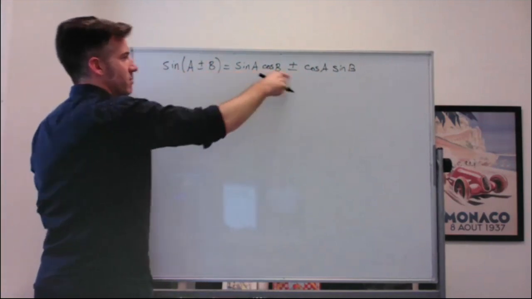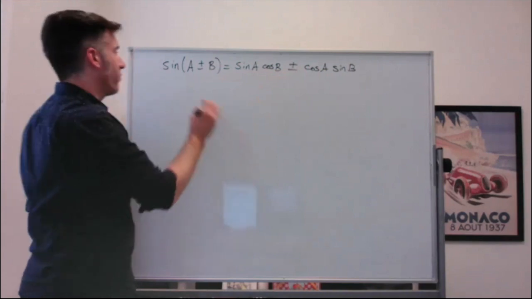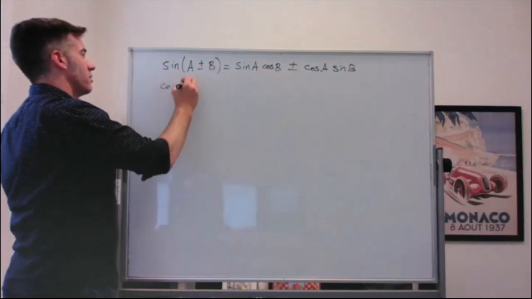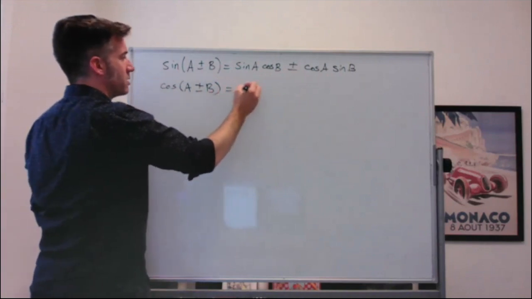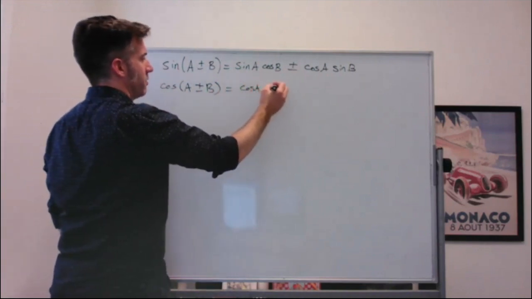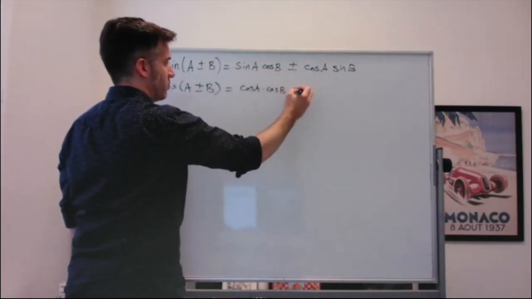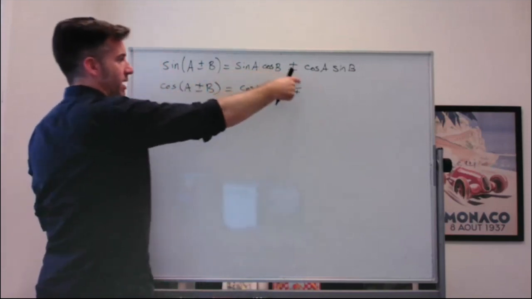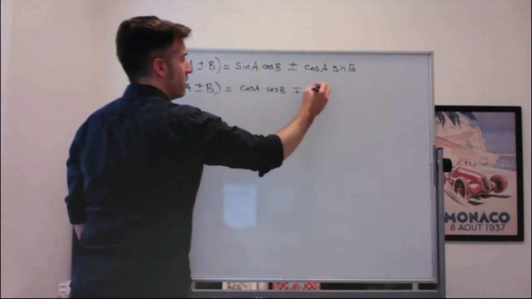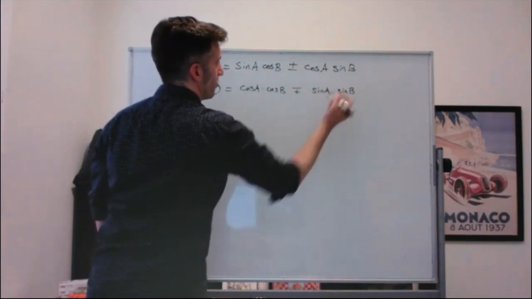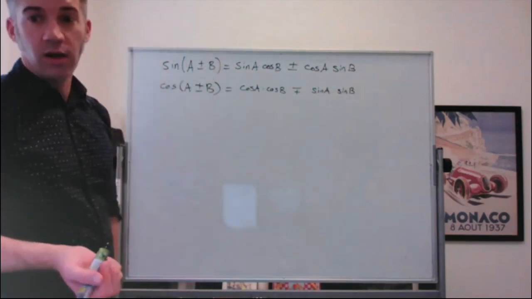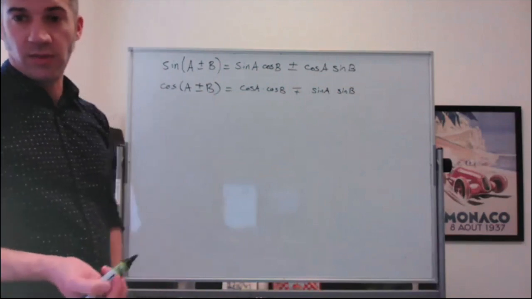If it's a minus here, it's a minus here. Whereas the cosine formula, cosine of A plus or minus B is cosine of A times cosine of B, and then it's a minus or plus. Meaning if it's a plus here, it's a minus there. If it's a minus here, it's a plus there. And it's sine of A times sine B. So yes, you are welcome to access those formulas in whatever way is most easy for you.